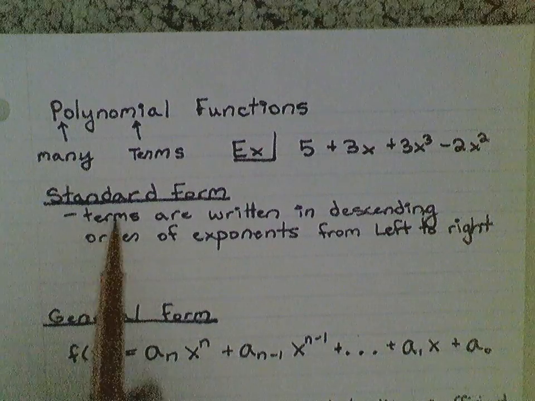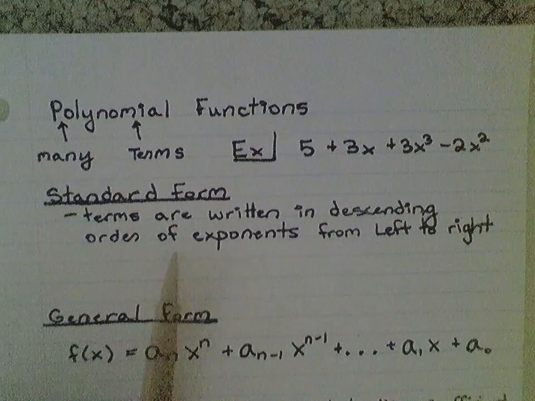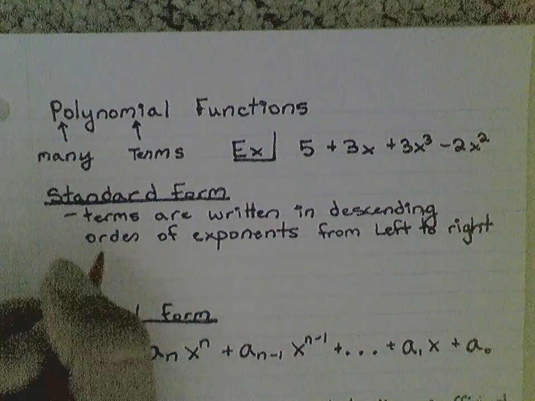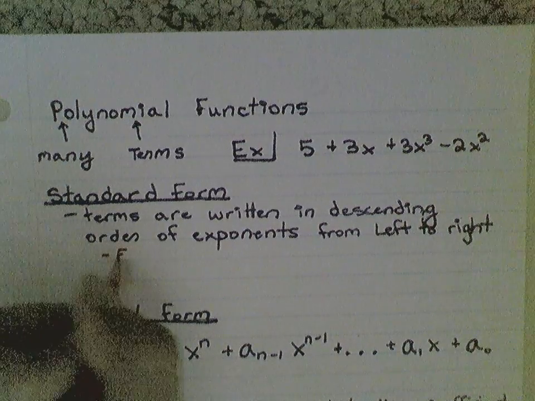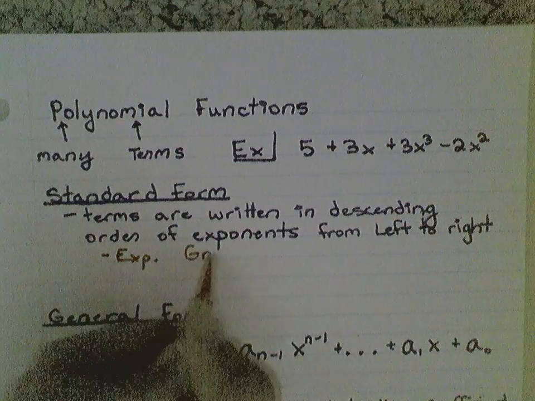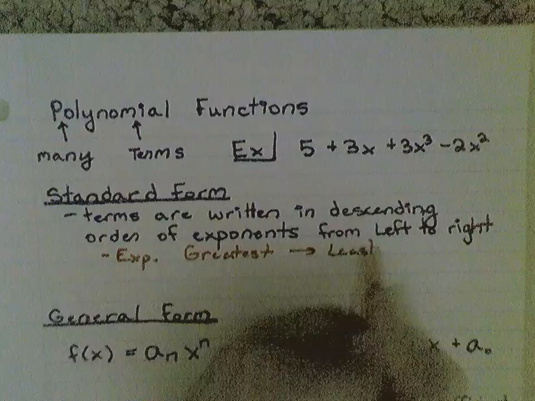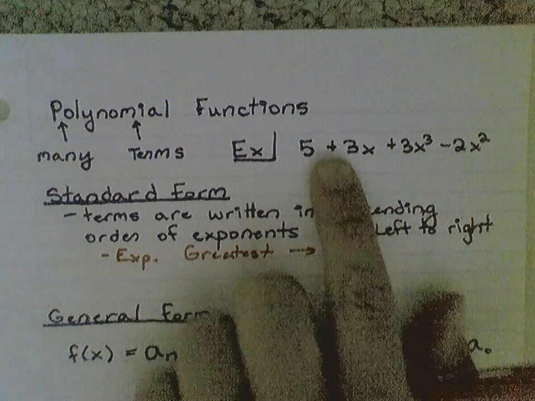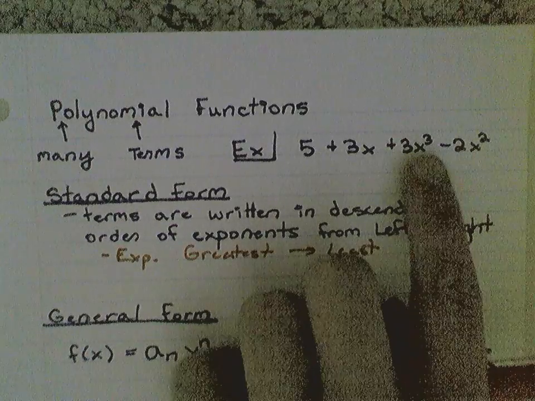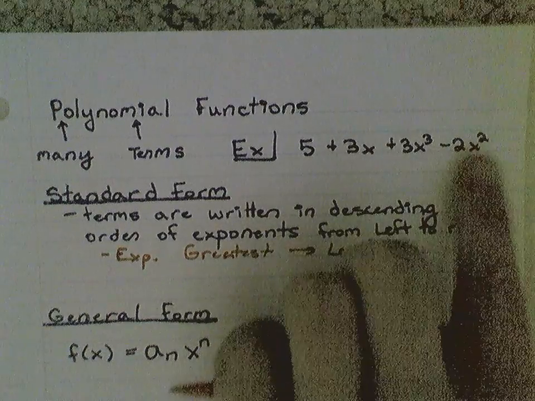Standard form means that the terms are written in descending order of exponents from left to right. In other words, the exponents on each term should run from greatest to least. If I look at this example back up here, notice that the greatest exponent is in the middle, it's not first, so this would not be in standard form.